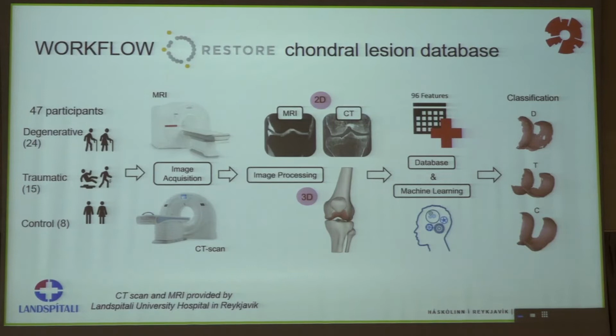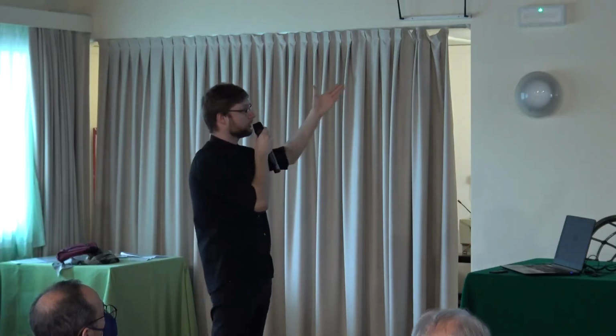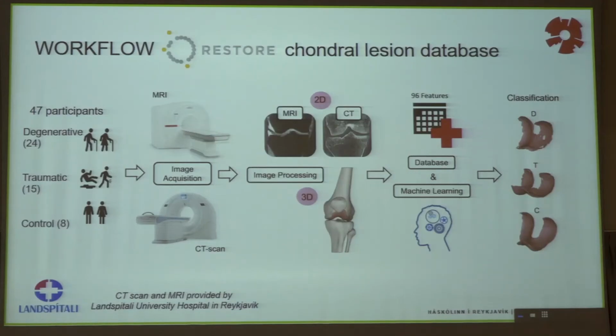So this is the workflow of our work. We recruited 47 subjects, and with the help of the clinicians, we divided them into degenerative cartilage, most of them aging, elderly people; 24 traumatic, people with a traumatic damage on the knee cartilage from an accident, a sports injury or something; and 8 healthy control subjects.